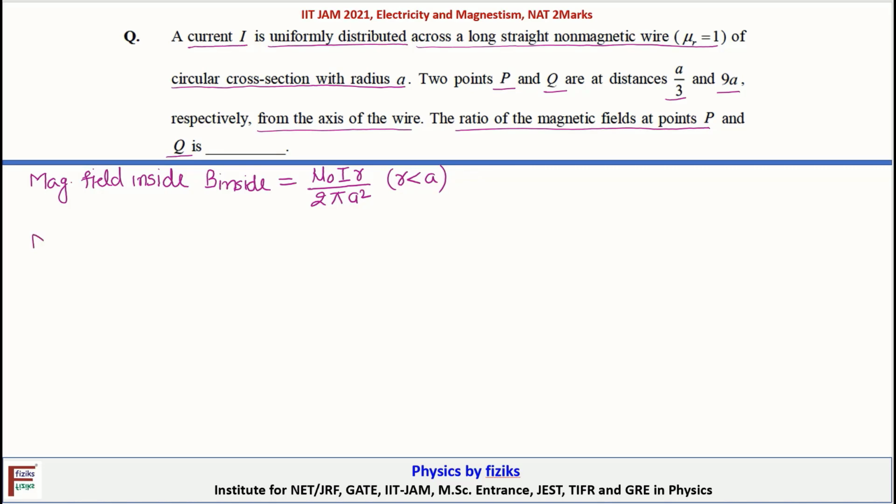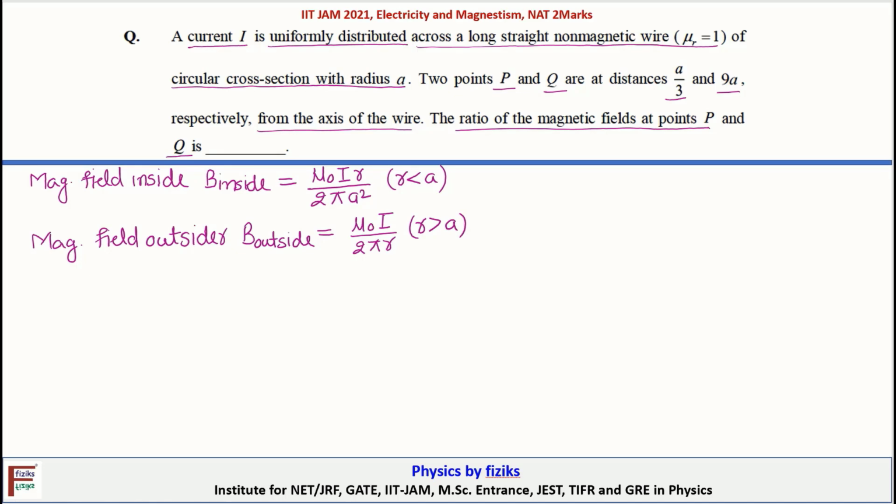And the magnetic field outside the wire, B outside, is given by mu naught I by 2 pi R, where this R is for an outside point.